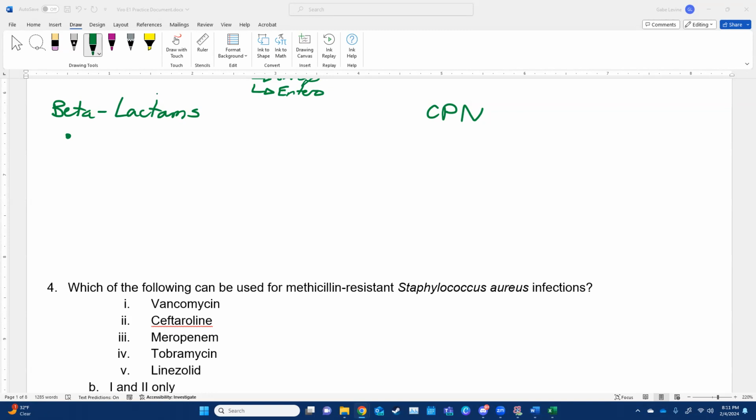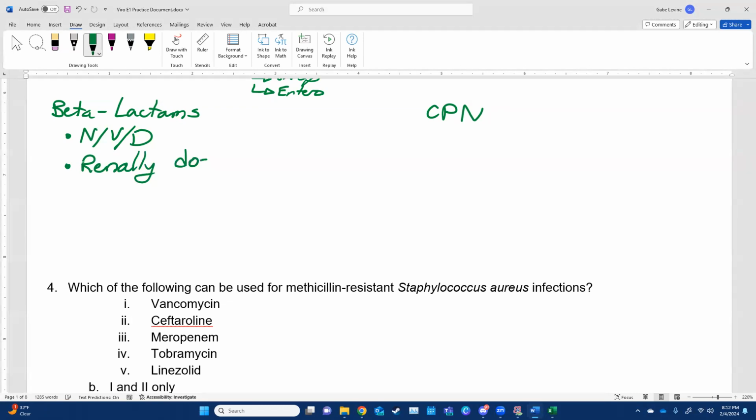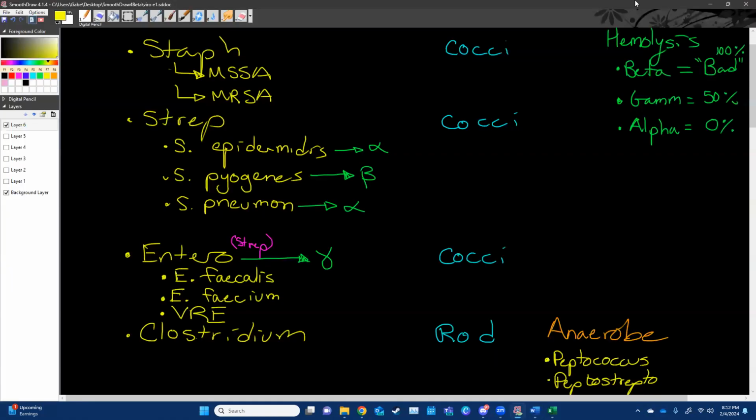Yep. A lot of them are going to have nausea, vomiting, diarrhea. What's one organ that we have to monitor the function of while we give these drugs? Kidney function, right? So most of them are renally dosed. There's only one drug that is biliarily secreted. What's that one drug? Does anybody remember?